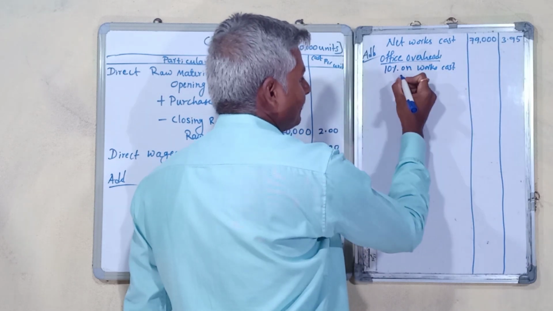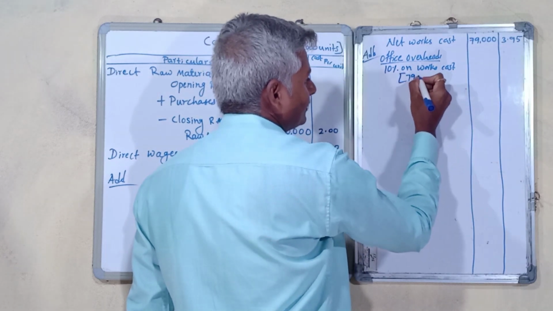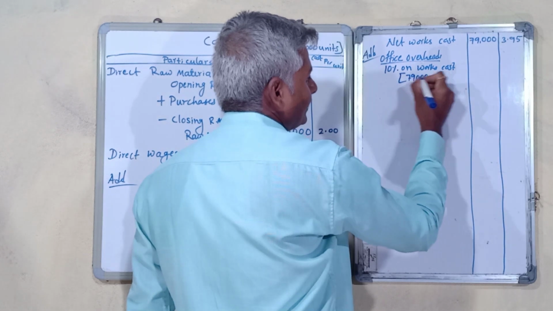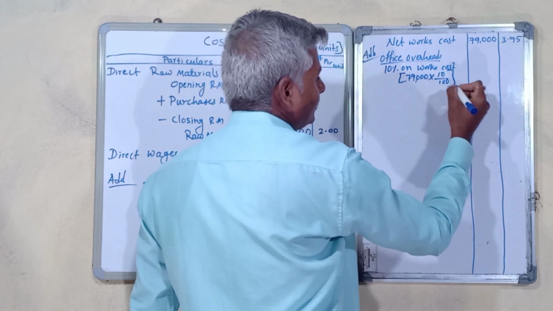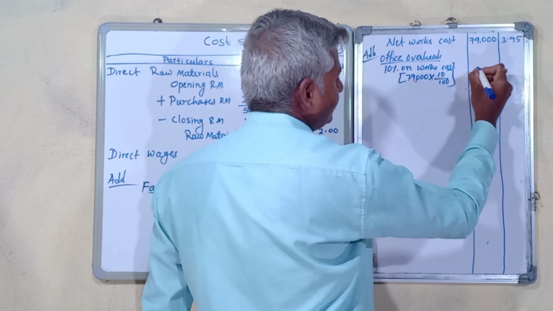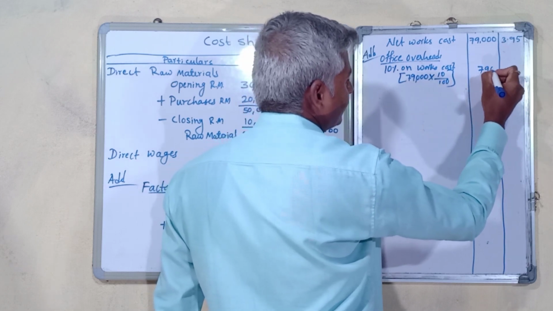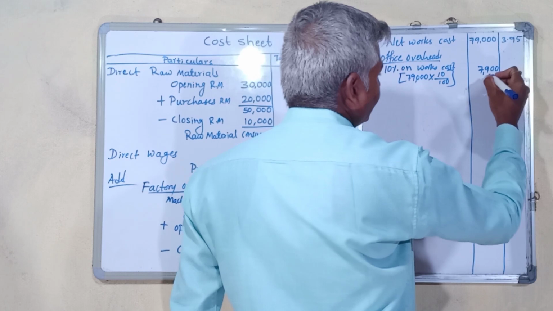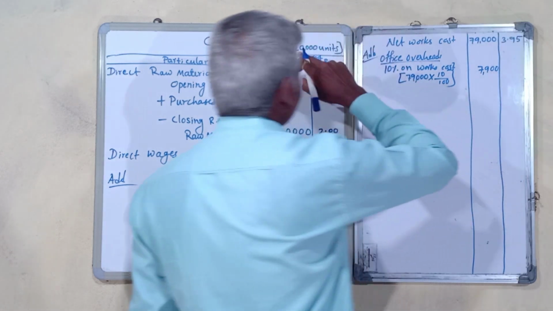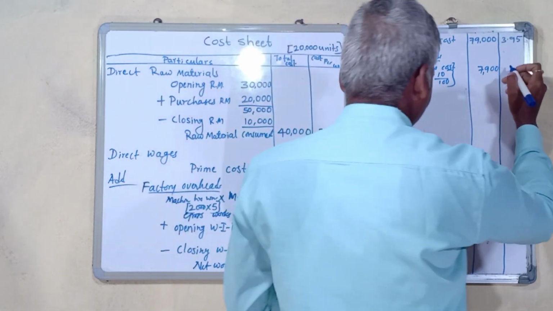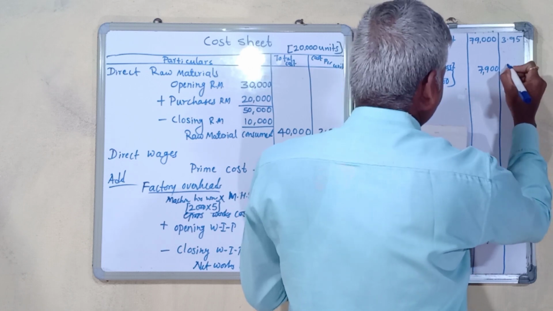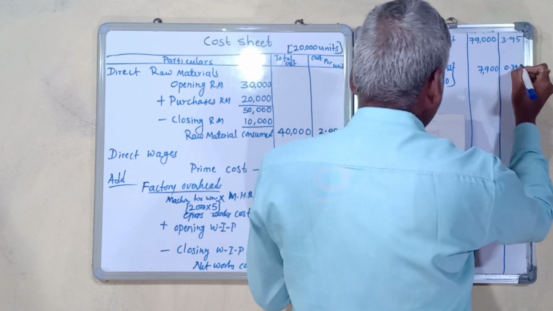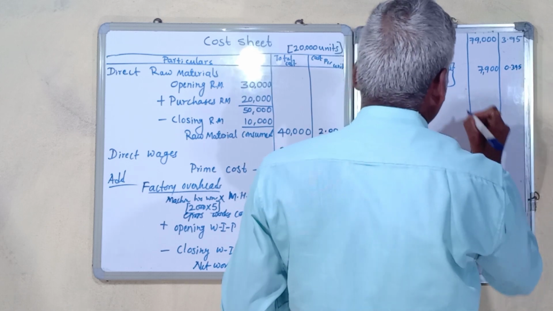79,000 into 10% is 7,900. 7,900 divided by these 20,000 units comes to around 0.395.